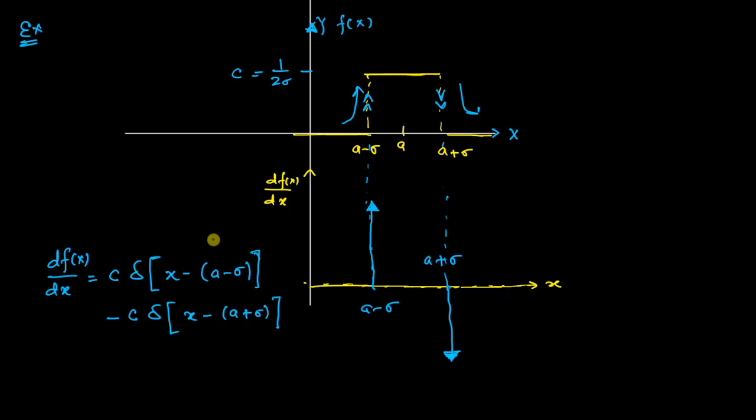Okay, now let's do a question that was asked in the T.I.F.R examination and see whether, with whatever we have studied, you can apply that concept here or not. So this question was asked in the T.I.F.R exam.